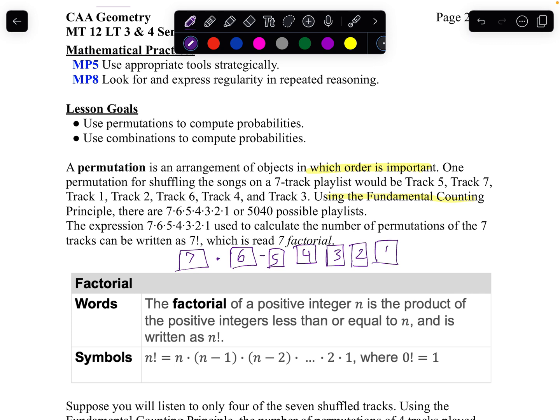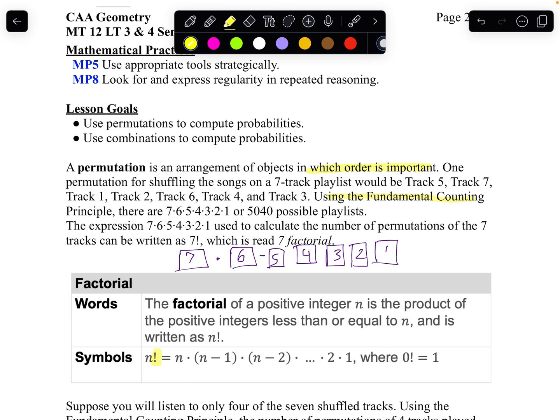That is called factorial, where you multiply all the positive integers down to 1 from that number. It has a kind of weird symbol. It's an exclamation point, and that means factorial.